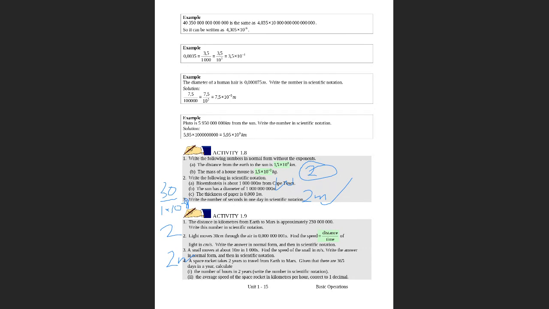Here the speed is distance over time, so you are going to have 10 divided by 1,000. So you are going to have 0,01.